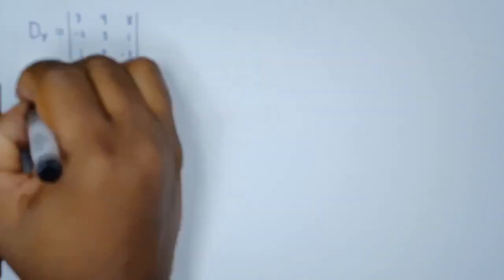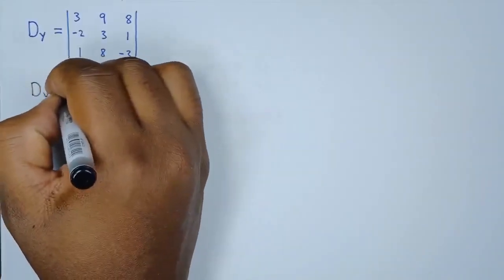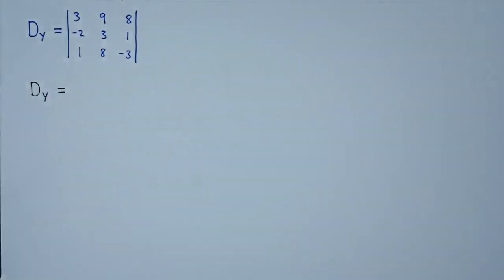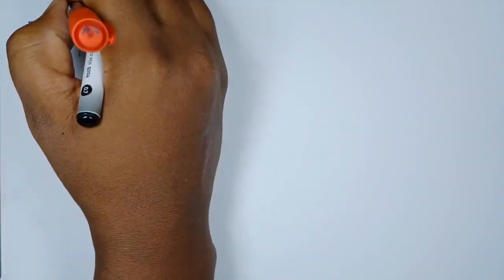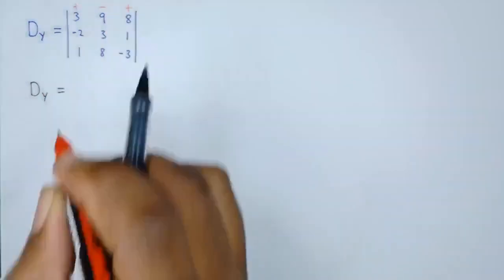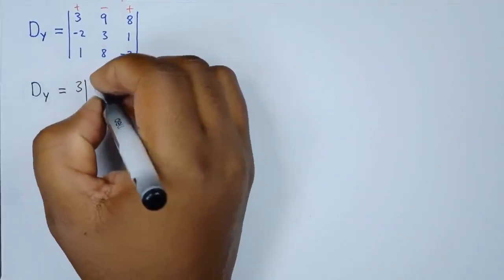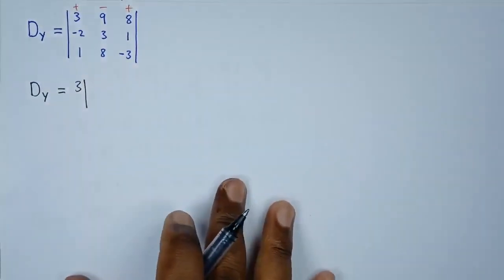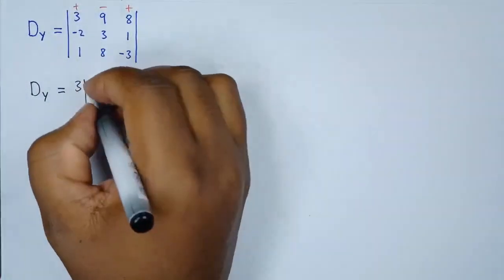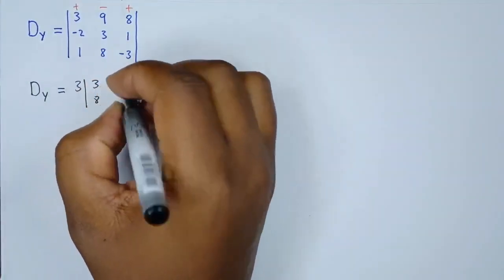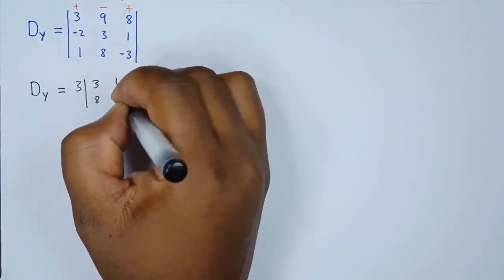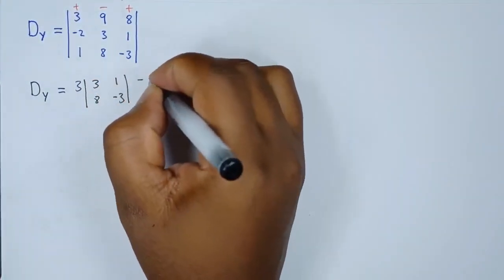So dy will be equals to, applying the same concept where we say plus, minus, plus. So dy is equals to 3. The 2 by 2 formed will be 3, 8, 1, negative 3, minus 9.